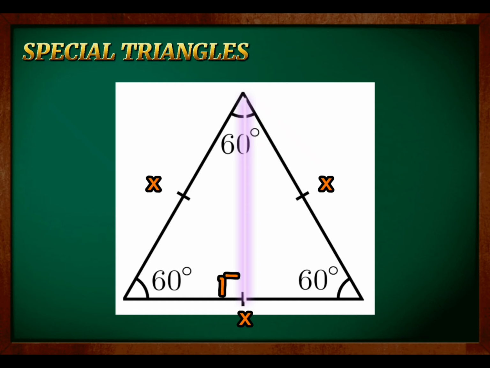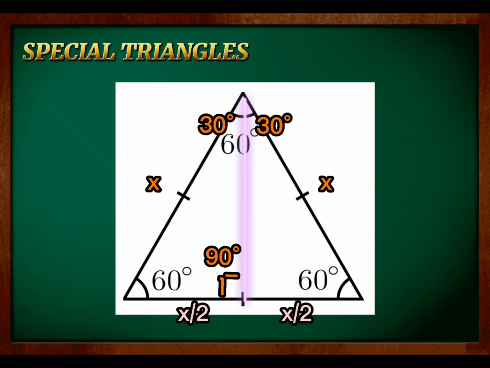So we draw a line to make a right triangle. As you can see, this is 90 degrees, and the upper angle, which is from 60 degrees, we cut by half, so that's 30 degrees, which makes this triangle a 30, 60, 90. So if the sides are all x, these two sides here are 1/2 x.